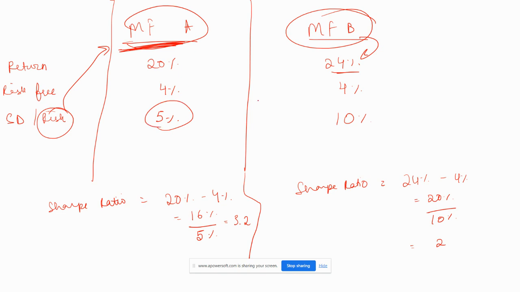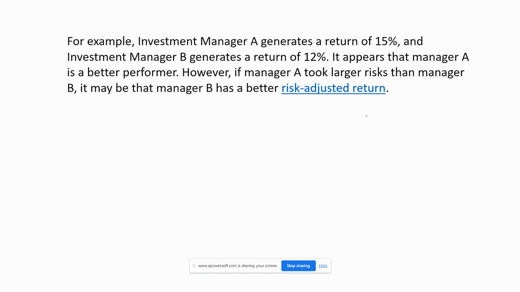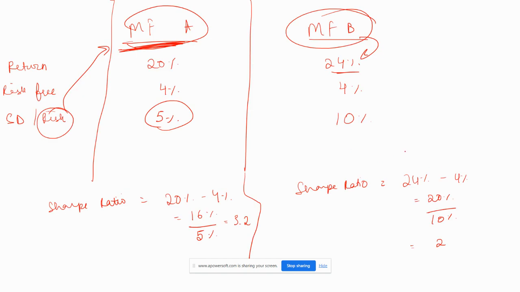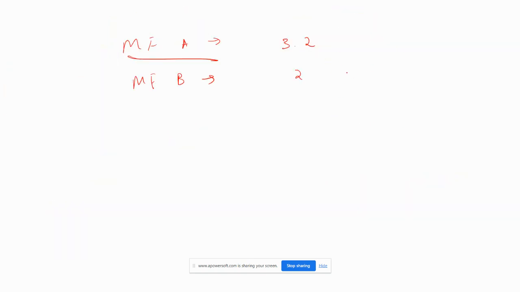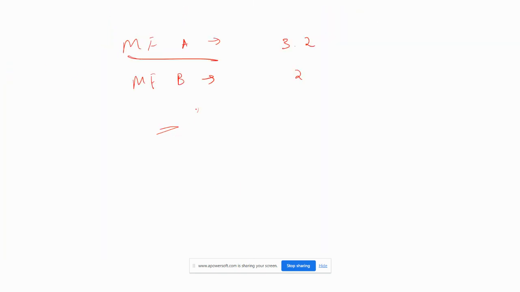For mutual fund A it's 5% risk, and for mutual fund B it's 10%. Mutual fund B's risk was 10%, mutual fund A's risk is 5%.